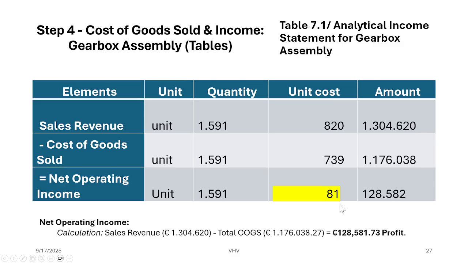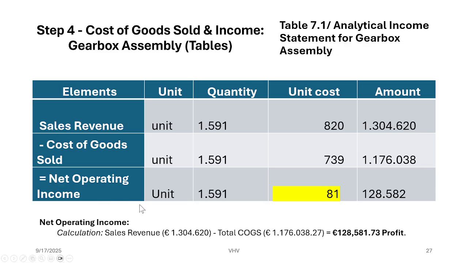Now we can build our analytic income statement. So sales revenue from selling 1,591 units at 820 euro each is 1,304,620. We subtract the total cost of goods sold we just calculated before, 1,176,038 euro.